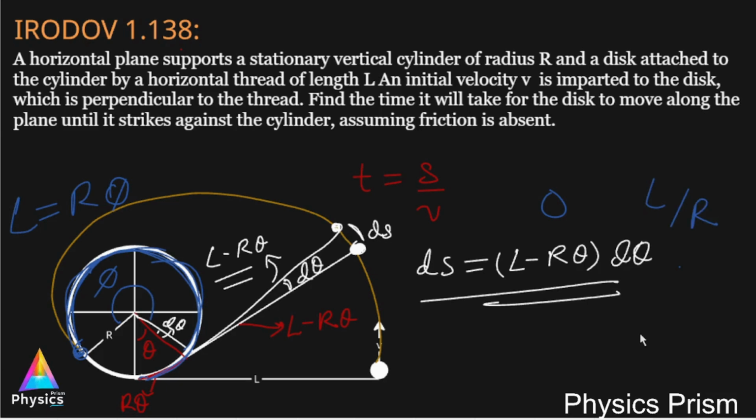Well, in our next page, what we got is ds is L minus R theta times d theta, right? So this is nothing but L d theta minus R theta d theta, and integration over all this is S. What are the limits? We have just found out what the limits are.